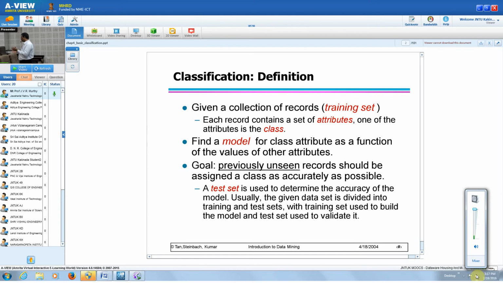Think that they are multi-dimensional points, for simplicity's sake.